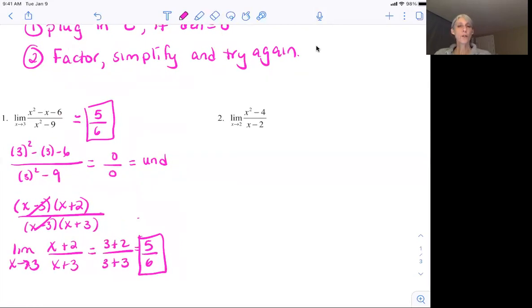The limit as x approaches 2 of x squared minus 4 over x minus 2. Plug in 2. And I get 4 minus 4, 0 over 0.